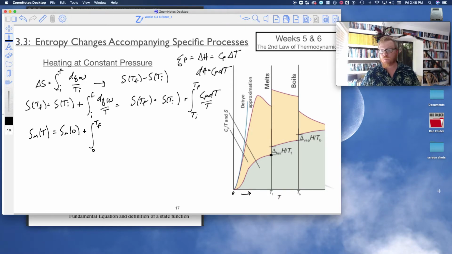And the reason for that is because we know the heat capacity of the solid is going to be different than the heat capacity of the liquid, which will be different than the heat capacity of the gas. So in other words, now on this integral, I can write Cp, constant pressure, molar heat capacity of the solid, divided by temperature times dT.